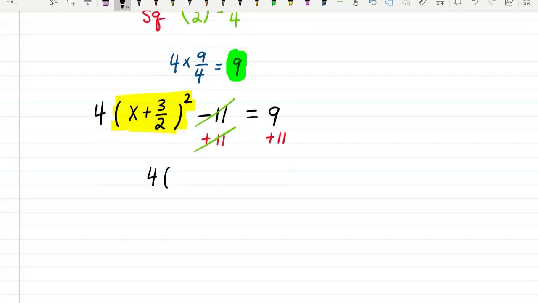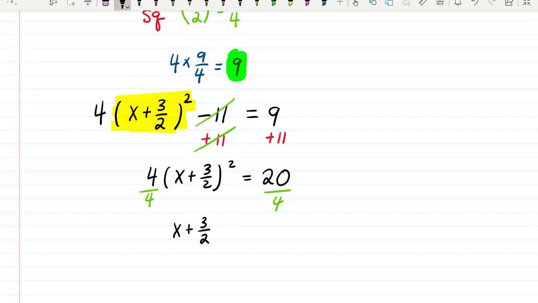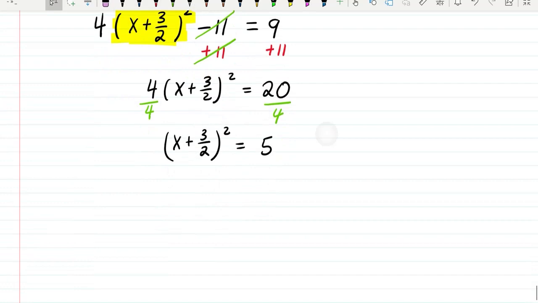So it will be 4 times x plus 3 over 2 squared. That is equal to 20. To get rid of this 4, I'm going to divide by 4, and divided by 4 will be x plus 3 over 2 squared is equal to 5.